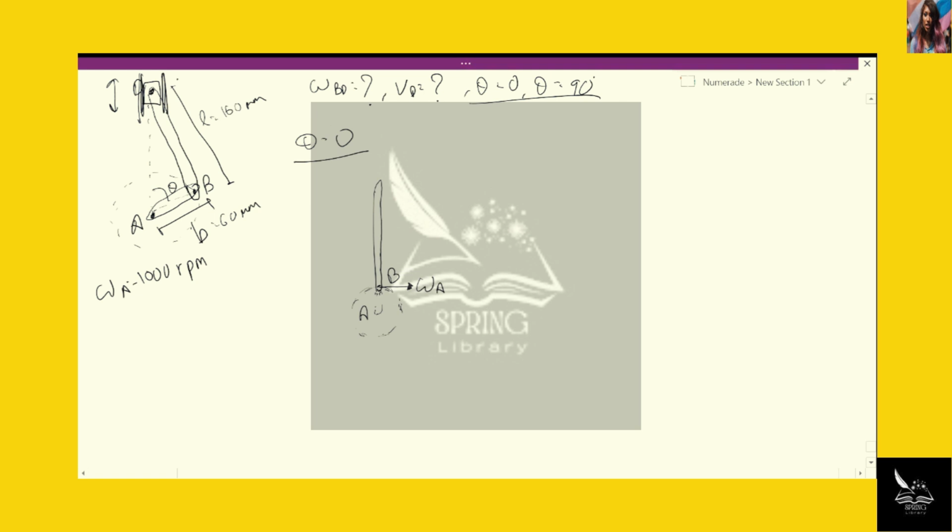Okay, so this is going to be omega A times B, and this is the velocity of point B. This is what the motion of point B is. But in a compound motion, we know that the motion can be broken into translation and rotation. So if this is the translational part, then all the points are going to have the same velocity. So point D will also be moving. This is the definition of a rigid body with omega AB.